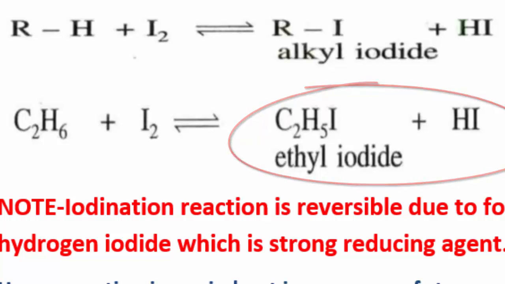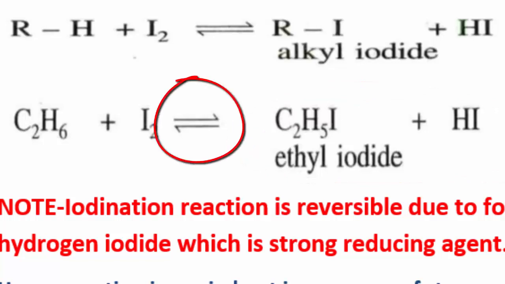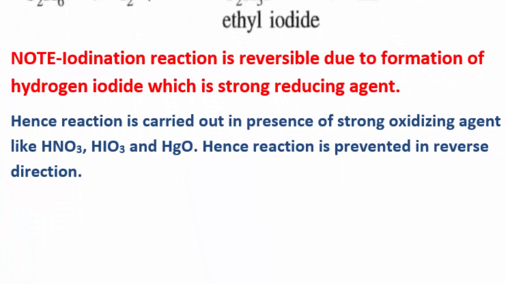Now students, you can see this reaction is reversible in nature. The reason for the reversible nature of the reaction is the formation of hydrogen iodide. This hydrogen iodide is a strong reducing agent that reduces the alkyl iodide back to the alkane and iodine.